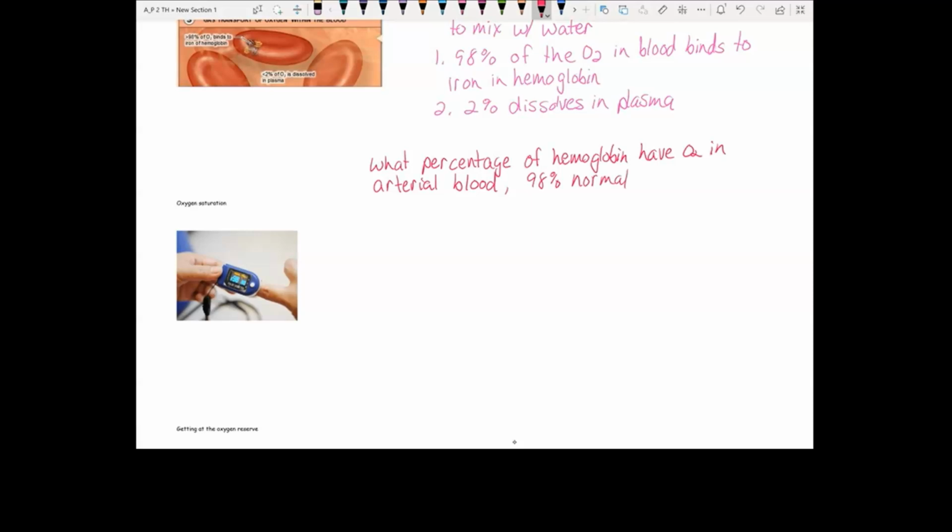Let's think of hemoglobin like a train. You have a train with 100 cars. This train flows through your lungs. As it does, you load oxygen cargo onto the train. In a normal person, you will get oxygen onto 98 of the cars.